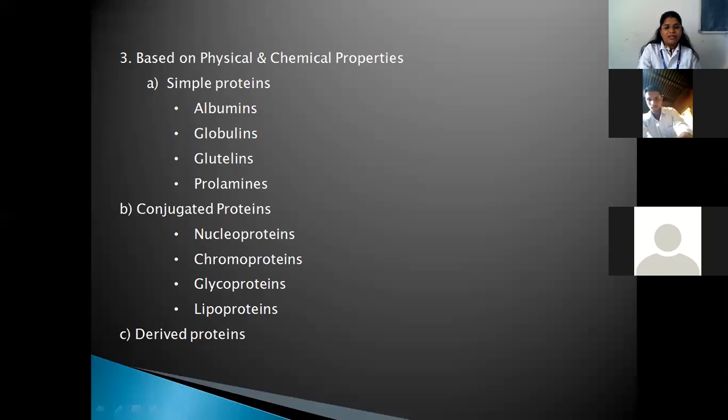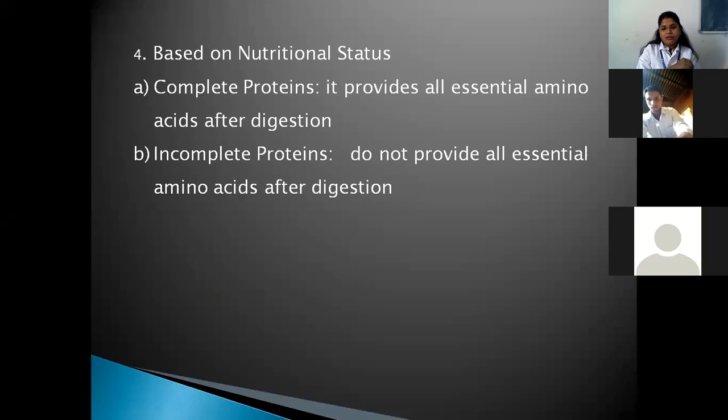Then the next one is the last, fourth class of protein, which is based on nutritional status. On the basis of nutritional status they are classified into only two types: complete and incomplete protein. Complete protein will provide all the essential amino acids after digestion.